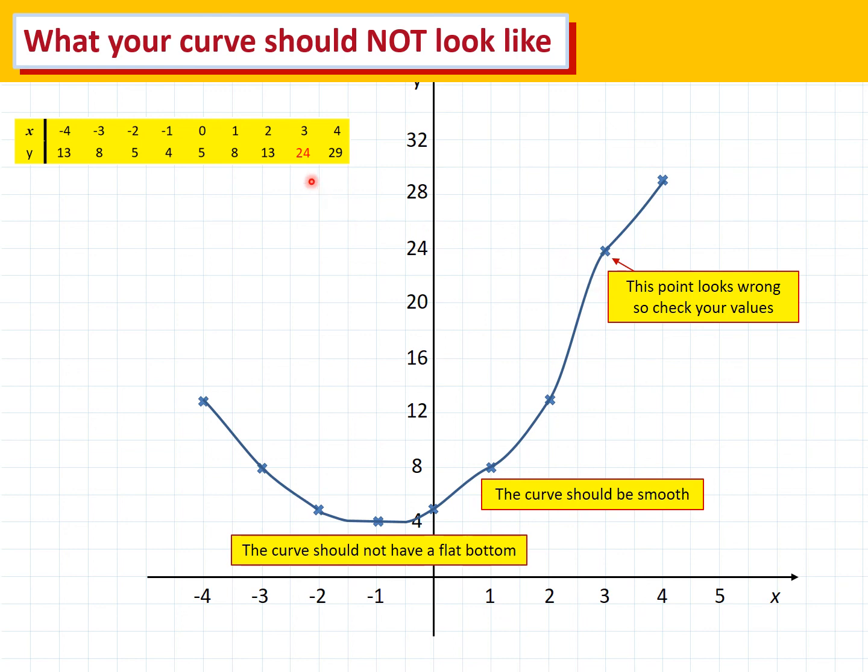So we need to check our table of values, and in actual fact that is the wrong value. It's not 24. So sometimes you have a table of values which is wrong, but you don't notice it until you've plotted the curve. So your curve needs to look right. As it happens, that value should have been 20.